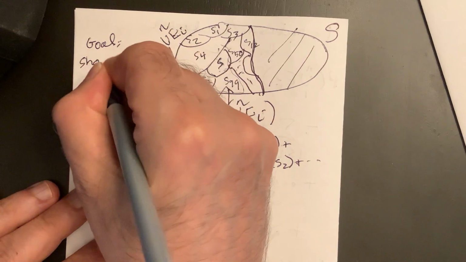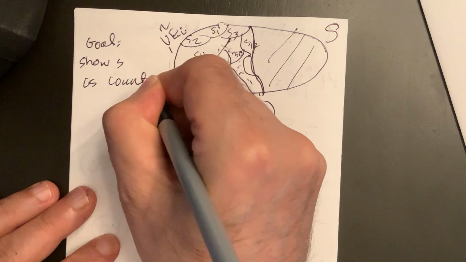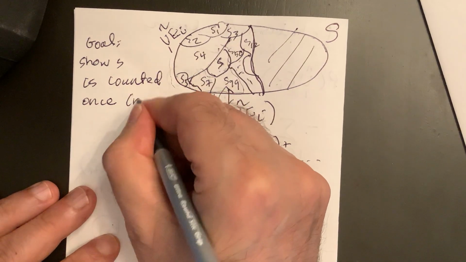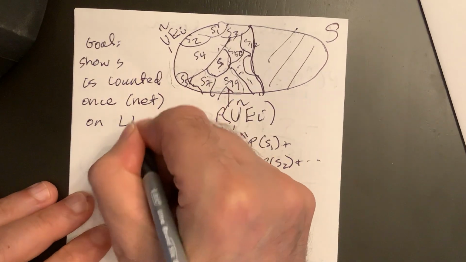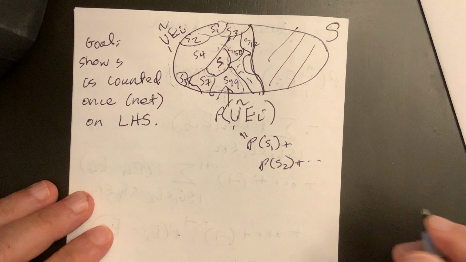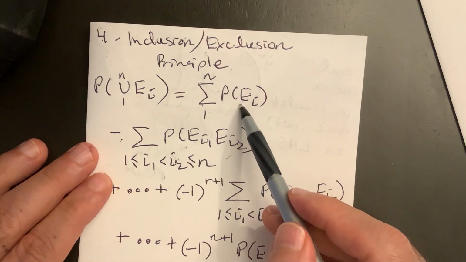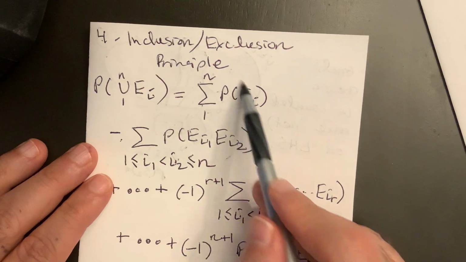S is counted net once on the left-hand side. Look, if it's in M of the events, say M is 10, it's going to be counted 10 times in this term.